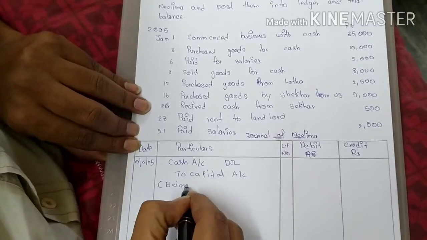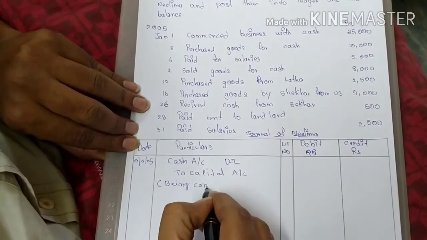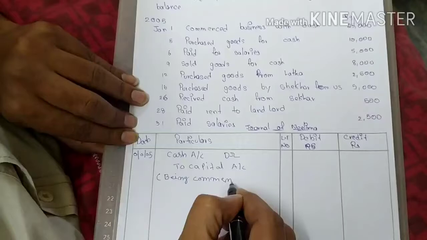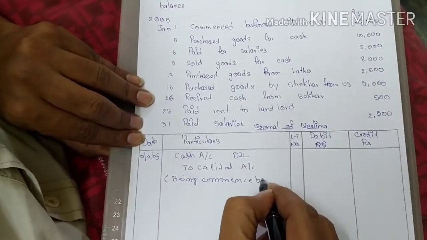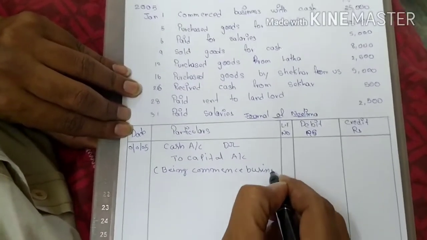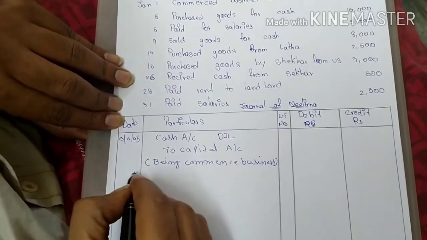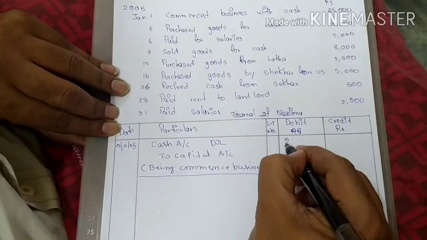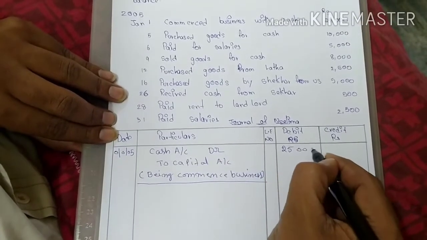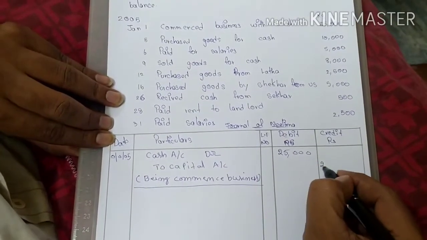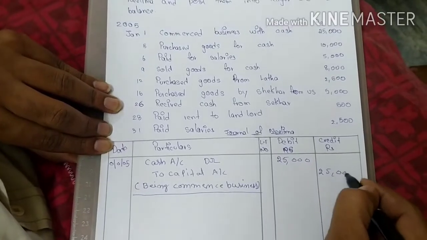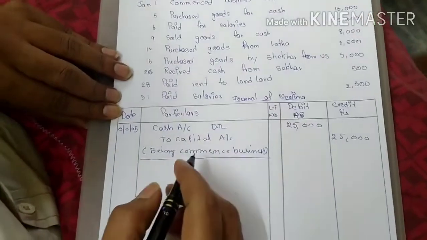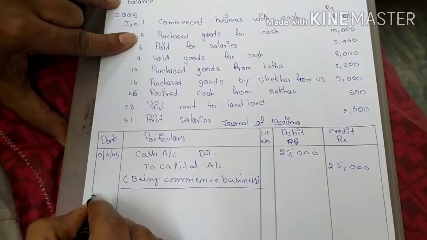Being commenced business. Next, we need to mention the amounts: 25,000 rupees debit side, 25,000 rupees credit side.